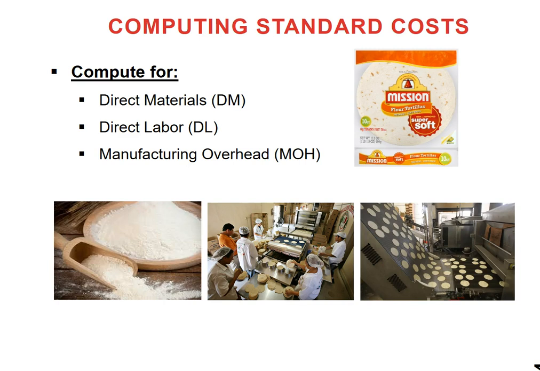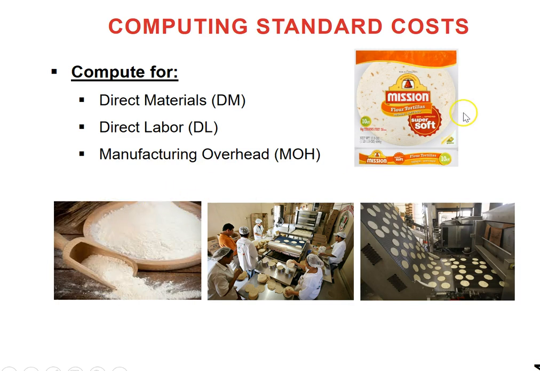So let's take one example of this product, which is Mission flour tortilla. To produce these tortilla breads, the manufacturing company needs to spend on these three types of expenses: direct material, direct labor, and manufacturing overhead.